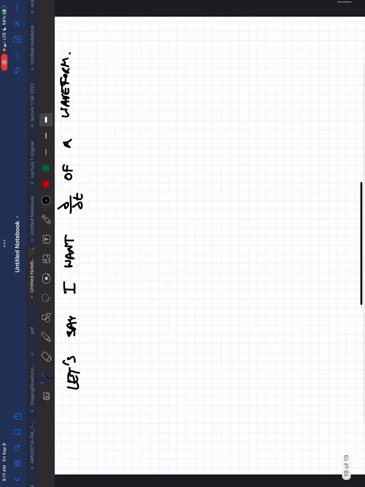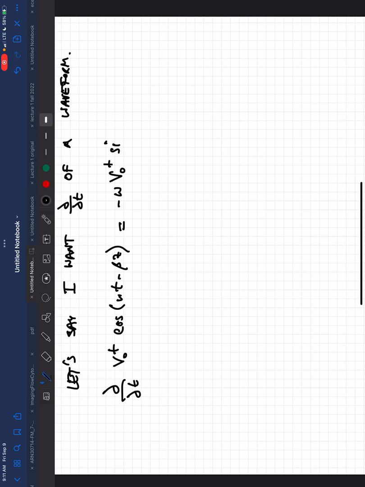Thank you guys. So let's say I want to do d by dt of V0 plus cos omega t minus beta z, which is equal to minus omega, I'm just taking the derivative with respect to time of that waveform. No phasor notation, nothing at the moment, okay?